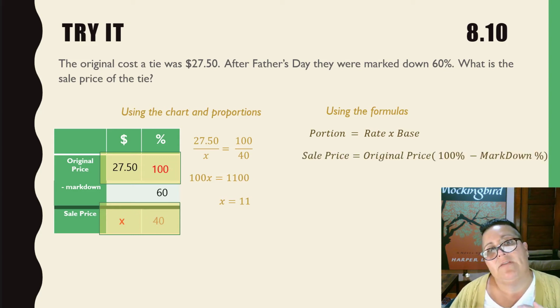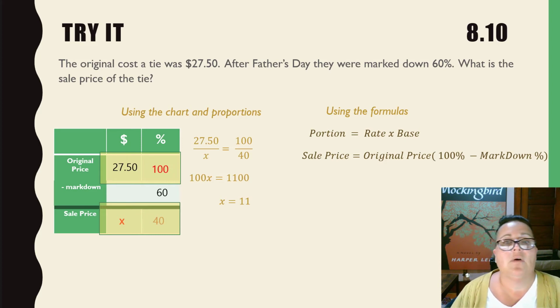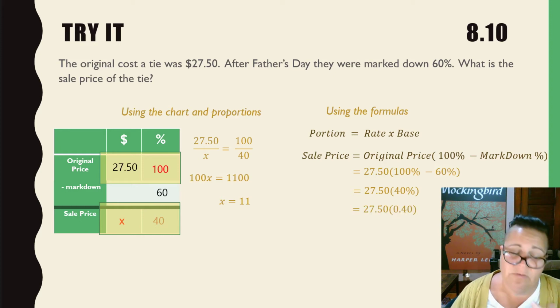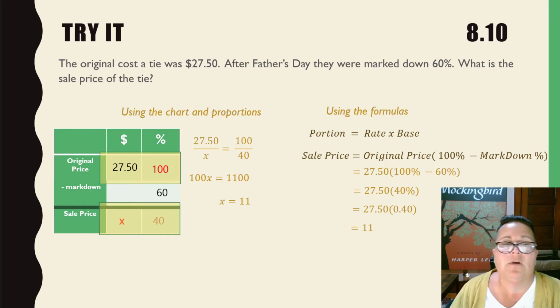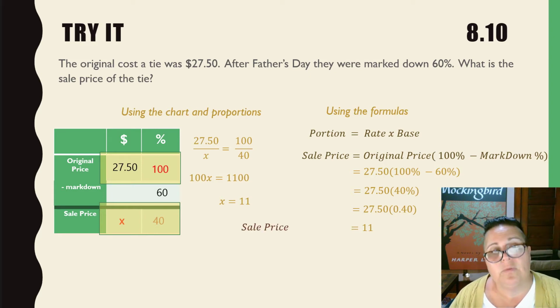And the sale price formula is that it has to equal the original price times the complement of the markdown, or 2750 times 100% minus 60%, or 40% of 2750. 2750 times 0.4, 40% as a decimal, is going to be 0.4, which is $11 again. This lets me know that the sale price is absolutely $11 for that tie.